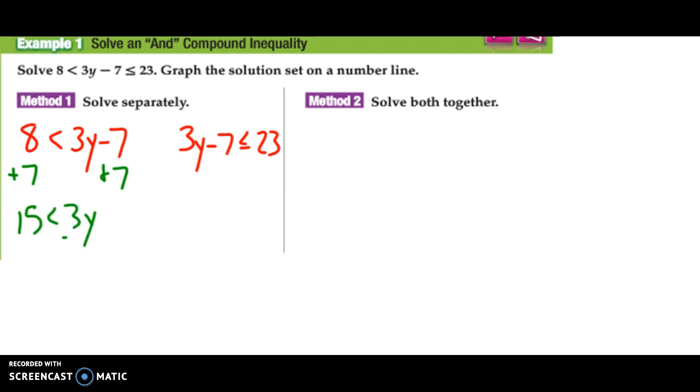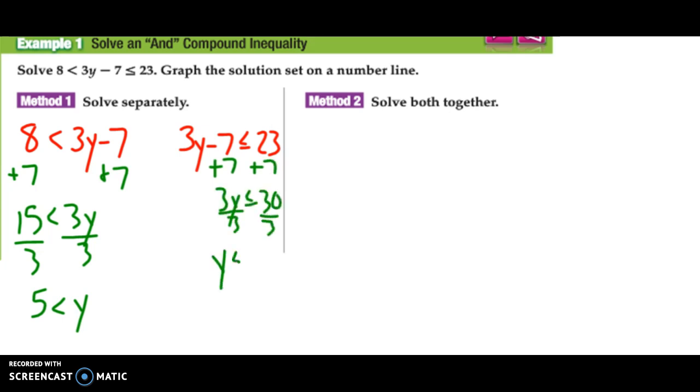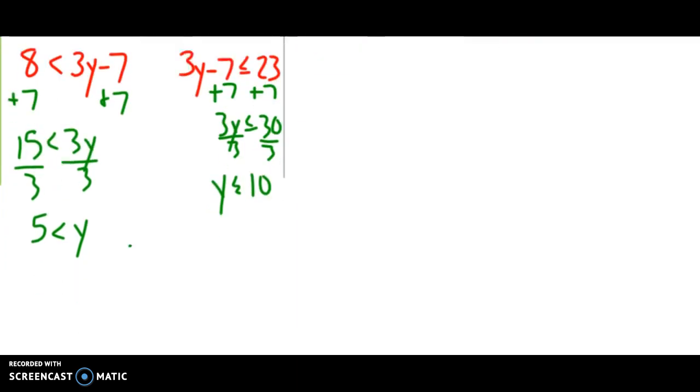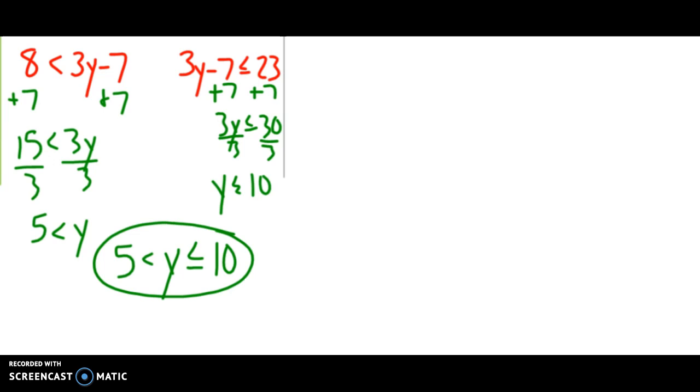Divide both sides by 3, and you get 5 is less than y. Over here you add 7, you get 3y is less than or equal to 30, divide by 3, and you get y is less than or equal to 10. So my final solution is 5 is less than y, which is less than or equal to 10. That's one way to do it.